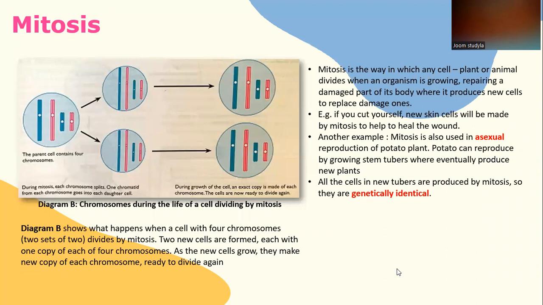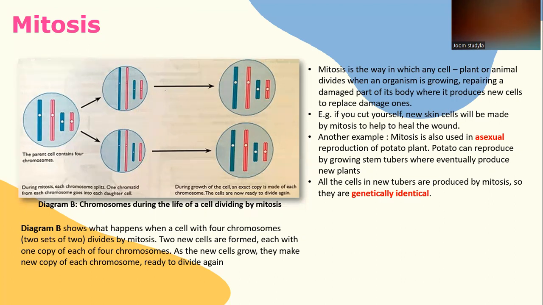Mitosis is the way in which any cells, in plants or animals, divide when an organism is growing or repairing a damaged part of its body, where it produces new cells to replace damaged ones. For example, if you cut yourself, new skin cells will be made by mitosis to help heal the wound.